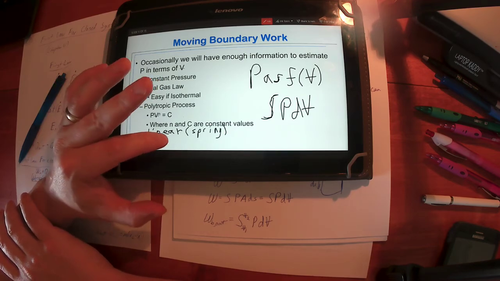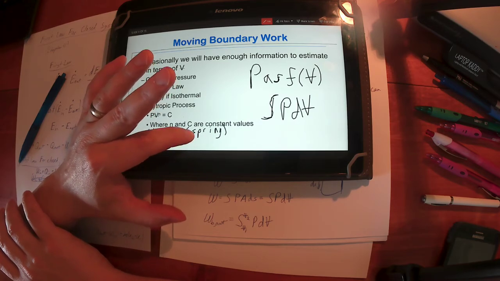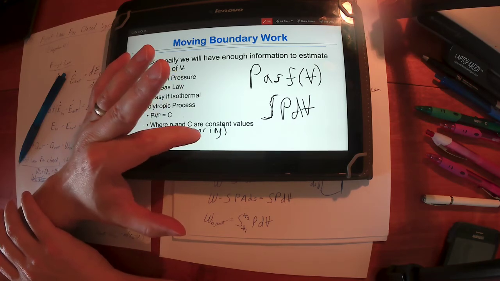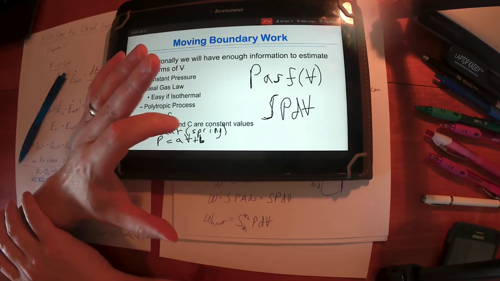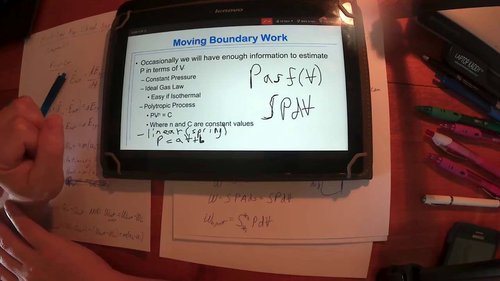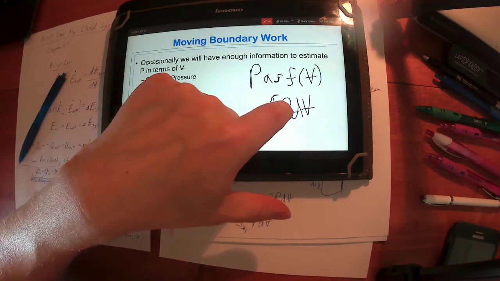That's where P is equal to some constant, a slope if you will, times volume plus some other constant. We like A and B, but you could use M and B. Again, I would need to know pressure as a function of volume to plug in here and actually do this integral.